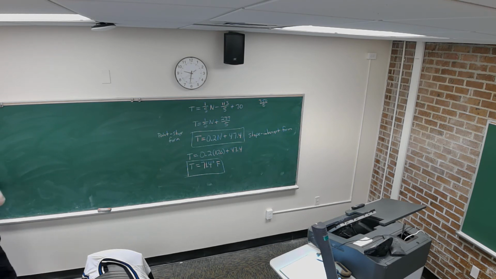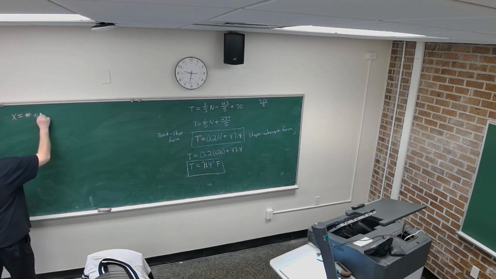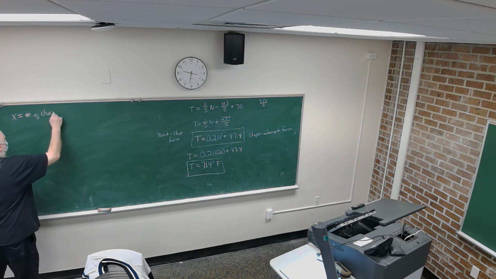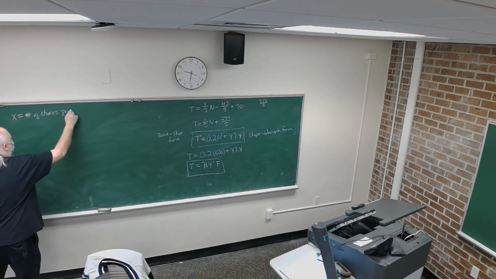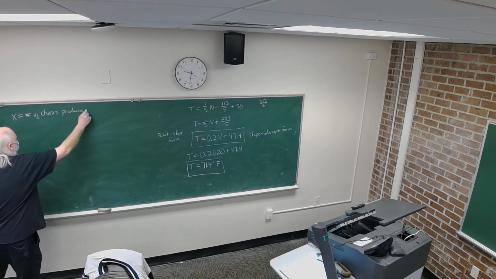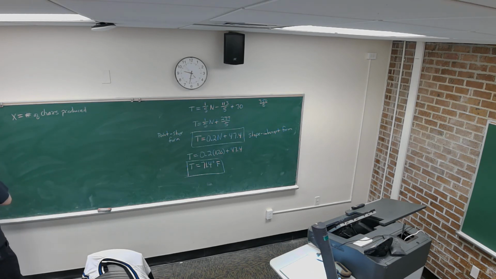Okay. So x is equal to number of chairs produced. And in place of y, we're going to come up with a function name as a function of x. I'm going to use c for cost. And so instead of f of x, we're using c of x. C is for cost.